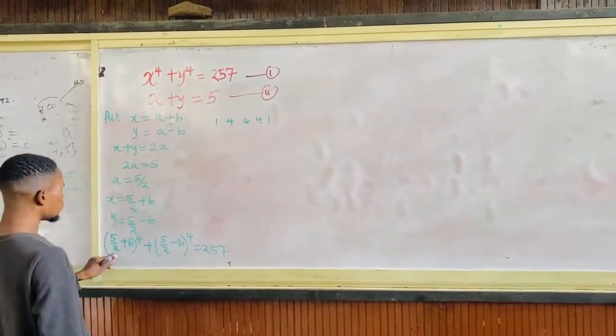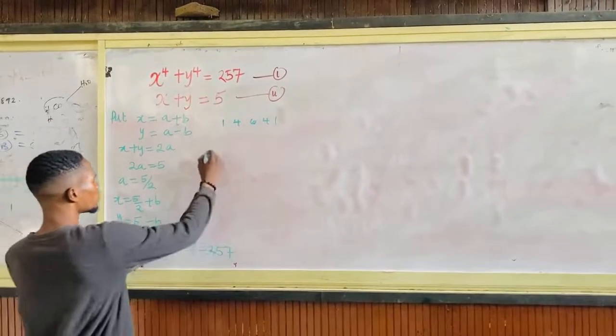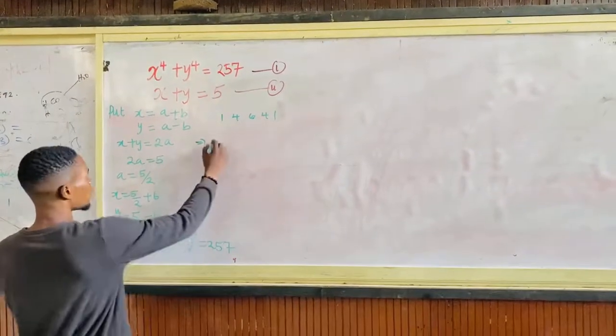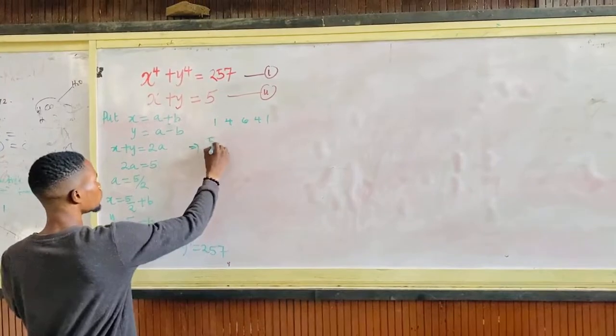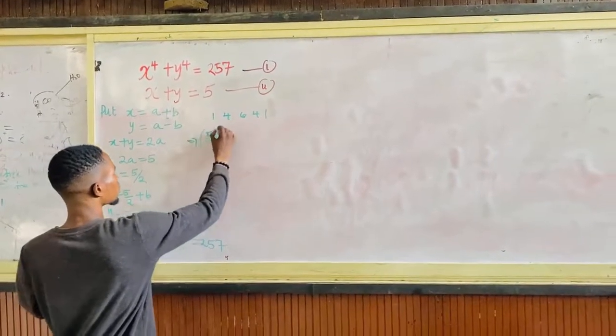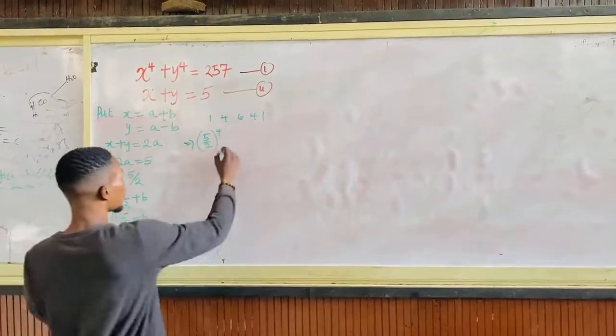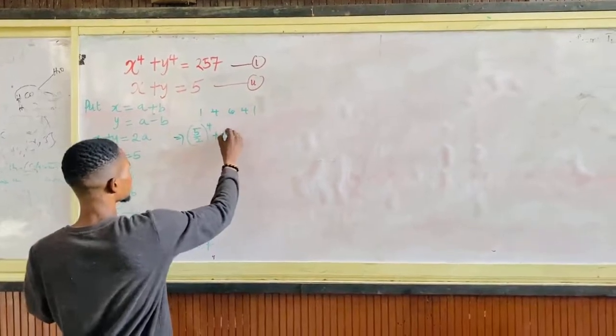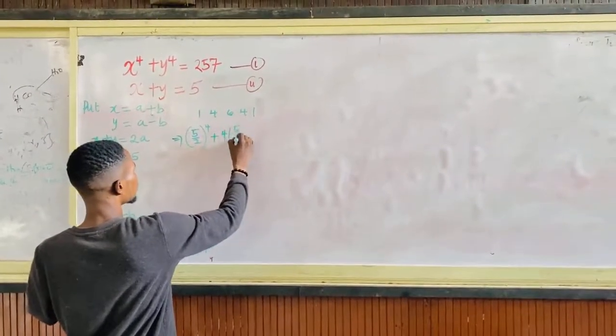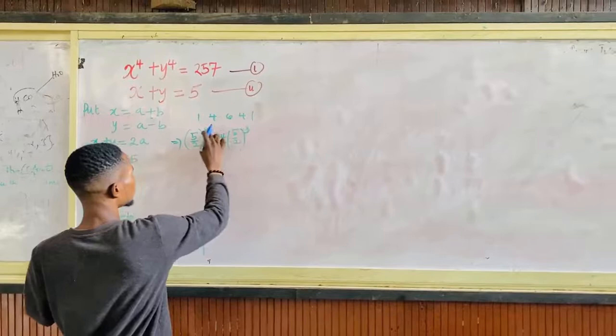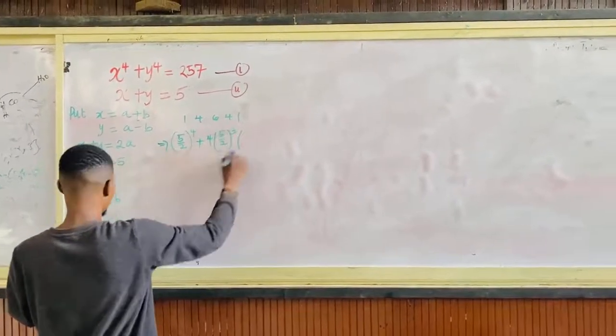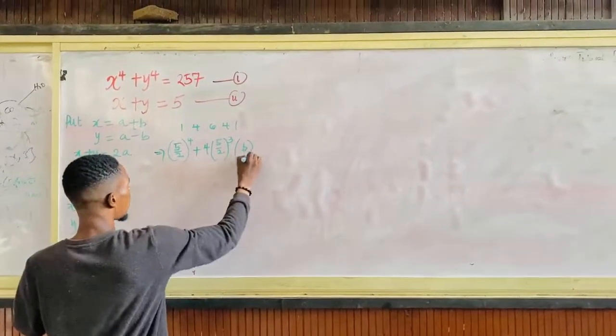So 5 over 2 plus b raised to the power 4 gives 1 into bracket 5 over 2 raised to the power 4, plus 4 into bracket 5 over 2 raised to the power 3, decreasing, and b raised to the power 1.